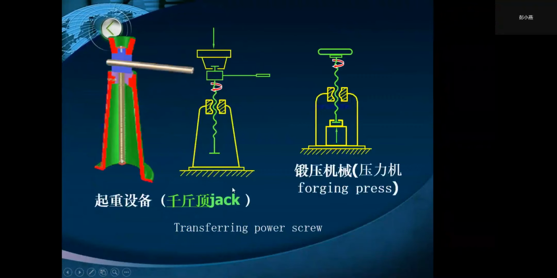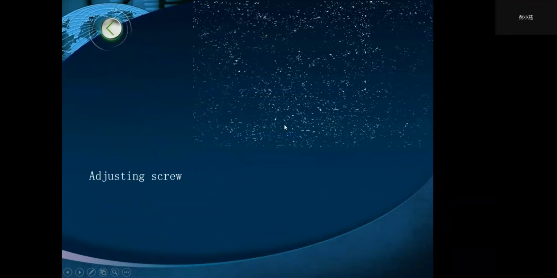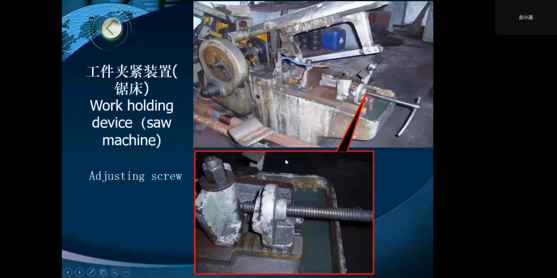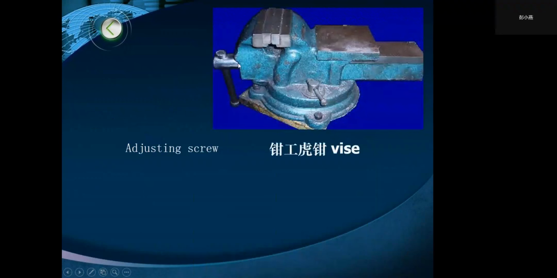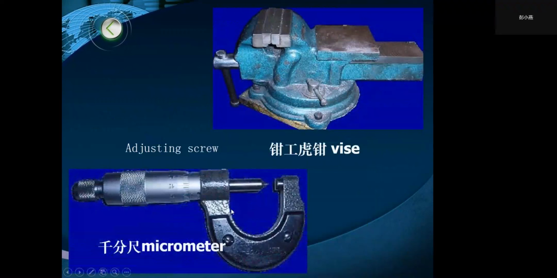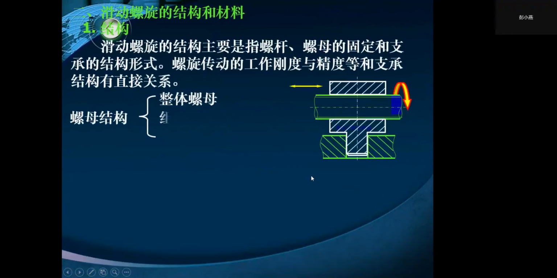And for jack and forging press, this is transferring power screw. And in a saw machine, this is an adjusting screw. For vise, this is an adjusting screw. And also for micrometer, this is an adjusting screw.